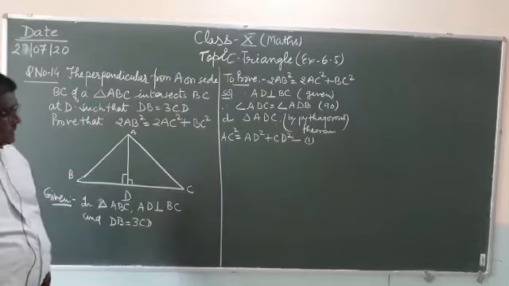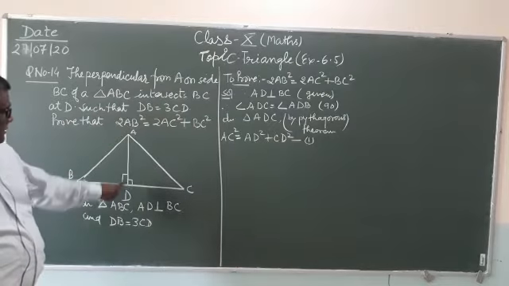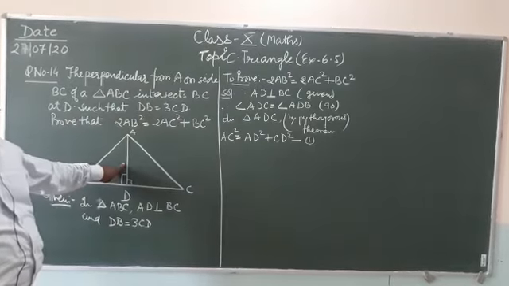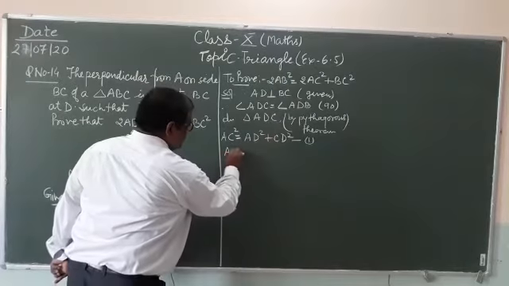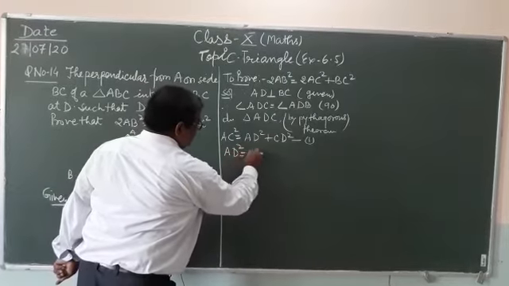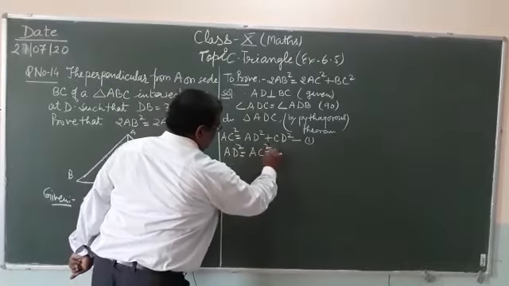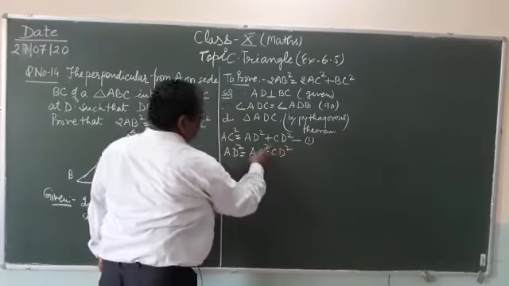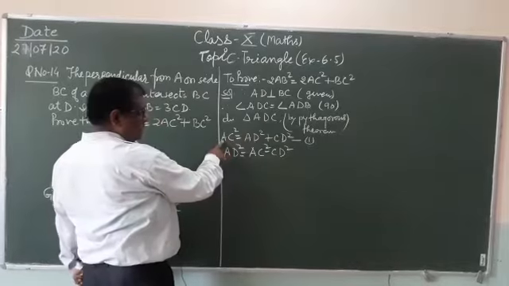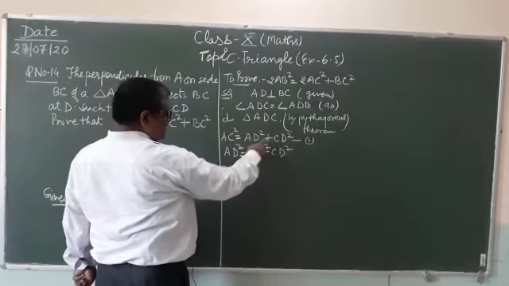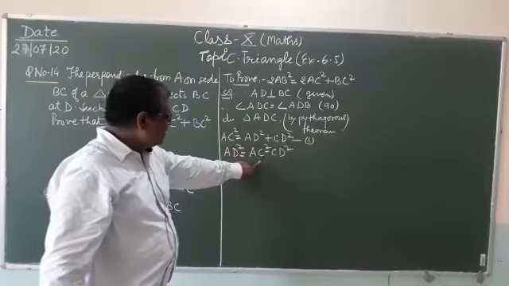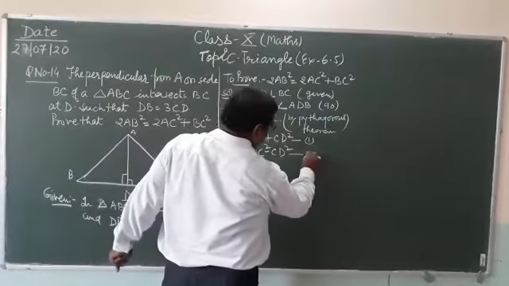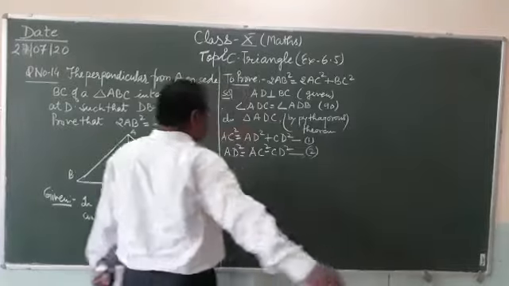Now we have to find AD square, therefore AD square is equal to AC square minus CD square. Moving the term to the other side, plus becomes minus, so AD square is equal to AC square minus CD square. This is equation 2.